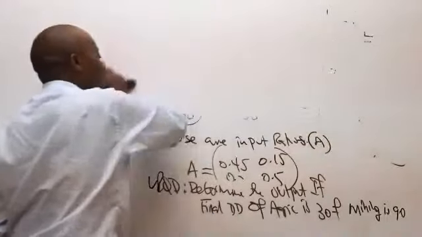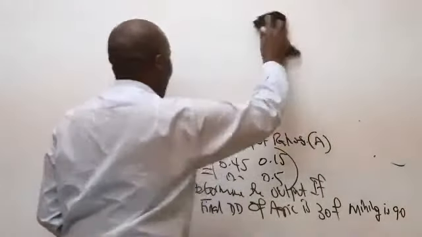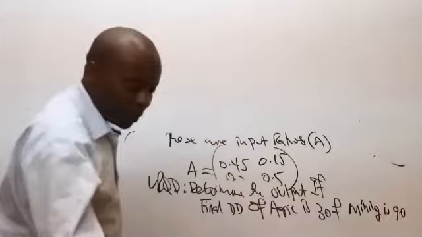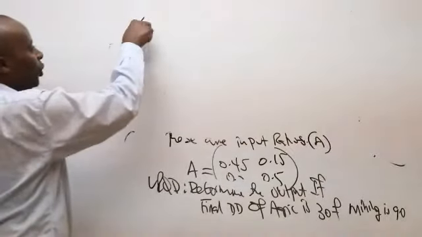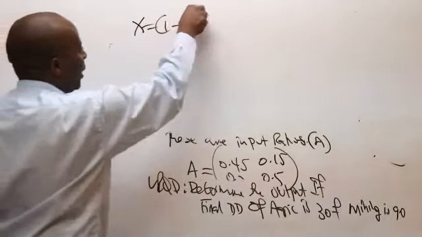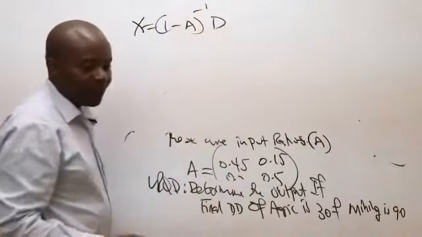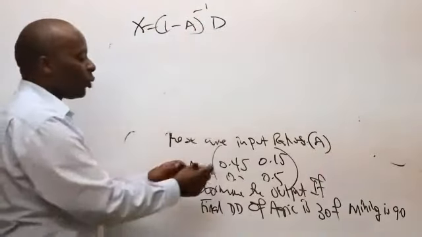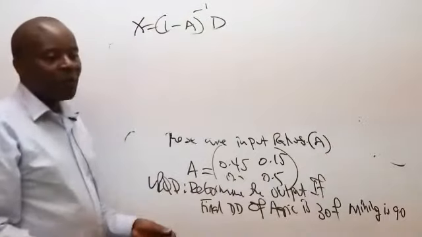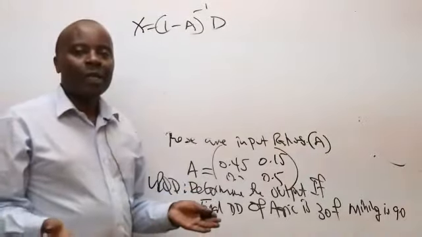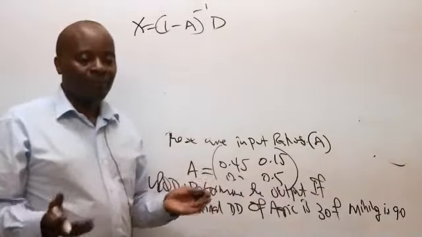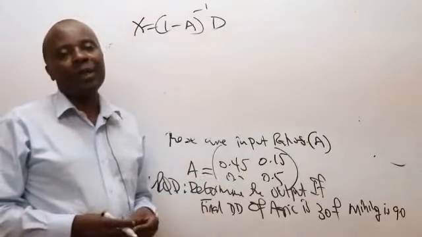Now I need to remember the Leontief inverse model, which tells me that X should be equal to (I minus A) inverse times D. Then you go through the entire process that I showed you a few minutes ago.